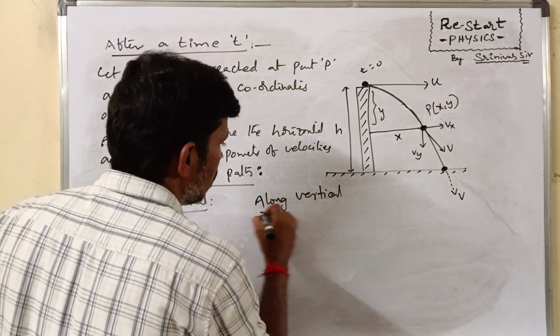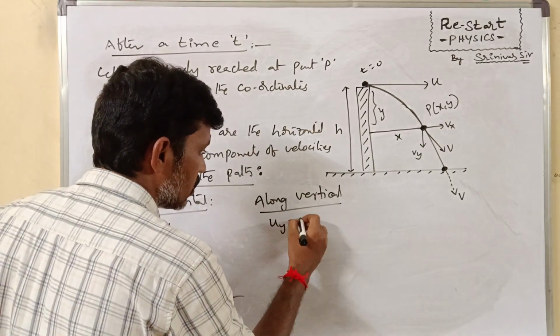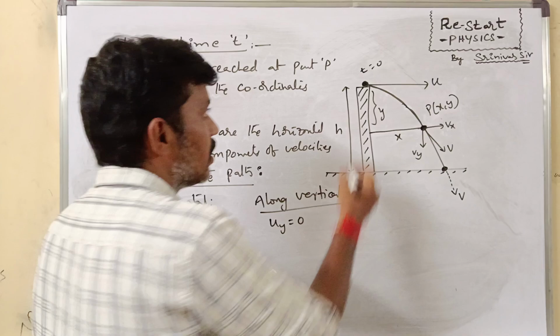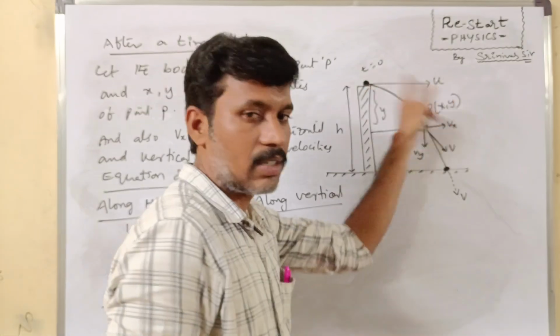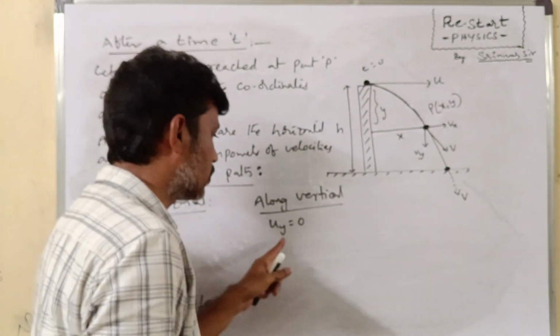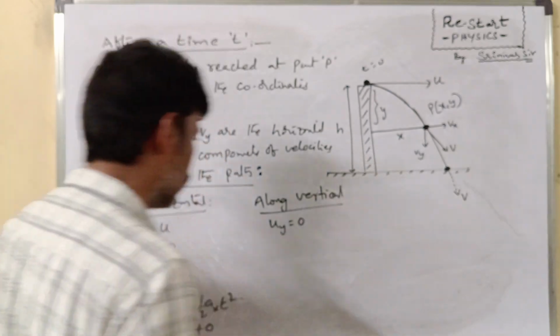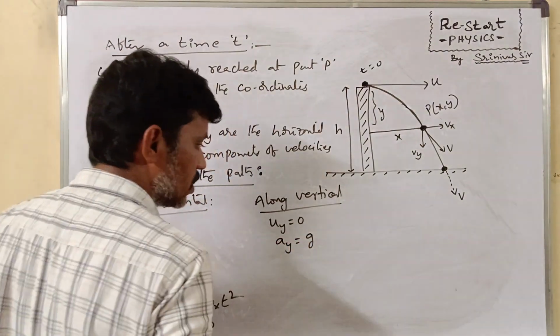Next, along vertical direction, that means vertical motion. As usual, uy is equal to 0, because here there is no vertical direction velocity, only horizontal direction there is a velocity. Vertical direction has no initial velocity, that's why uy becomes 0. Next ay is equal to g.